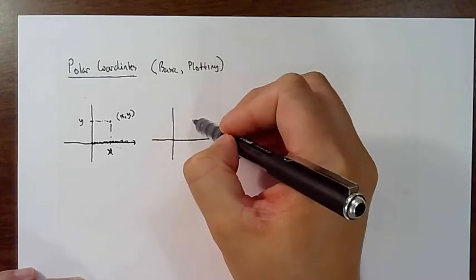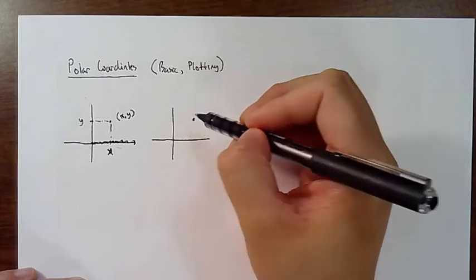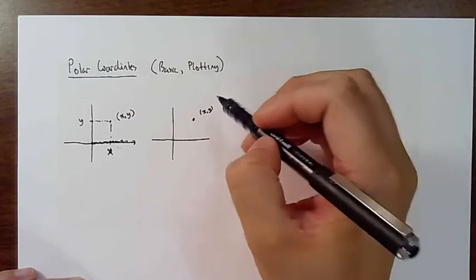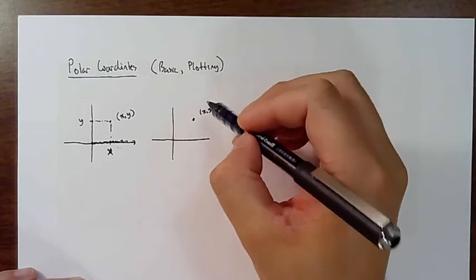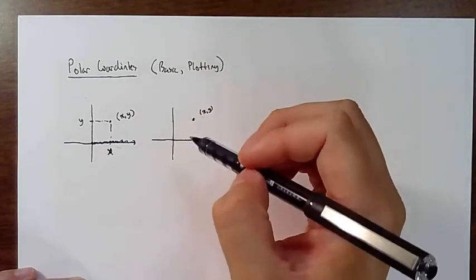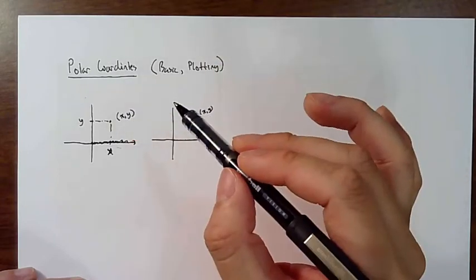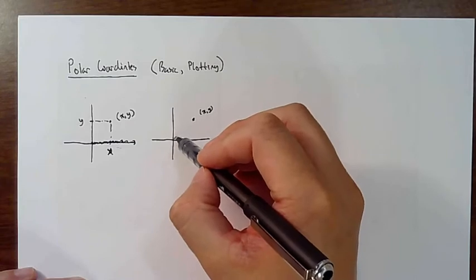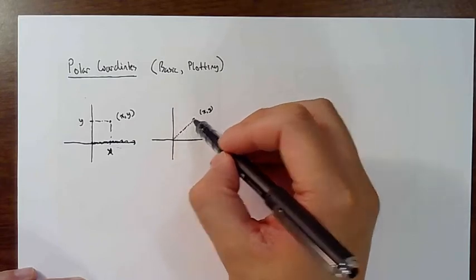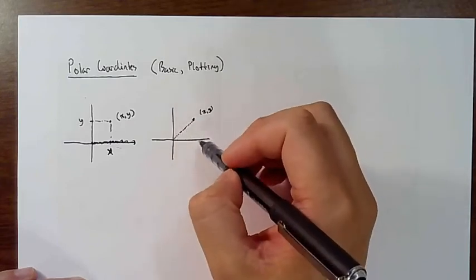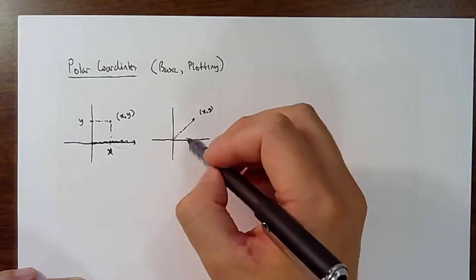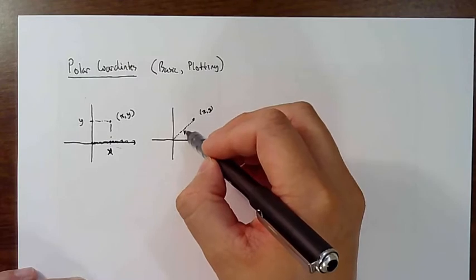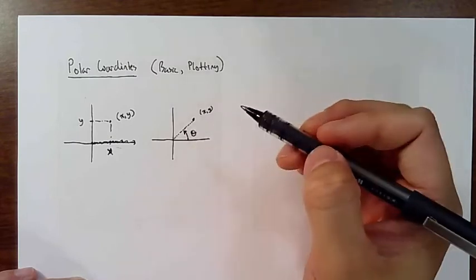So let's say we have this same point here, and we would typically call this point (x, y). These kinds of coordinates are called rectangular coordinates because they form little rectangles. But let's say that we're going to work in polar coordinates instead. What we do is we draw a little spline from the origin, and then we measure an angle relative to the x-axis in standard position, so it sweeps out upward, and we call this angle theta.